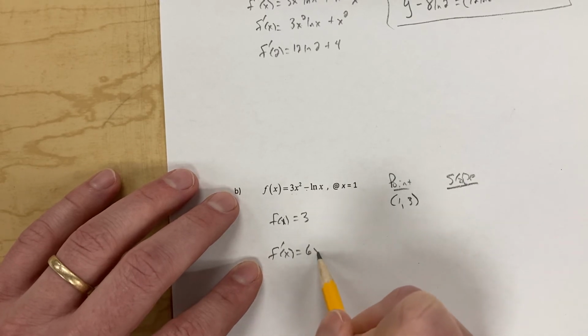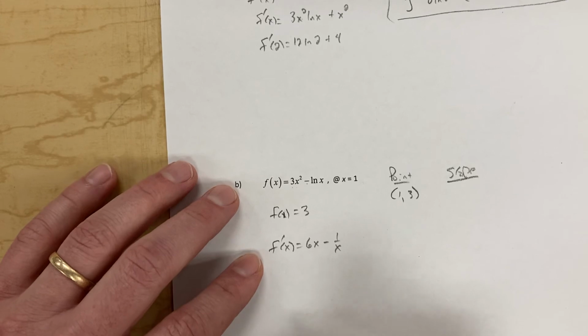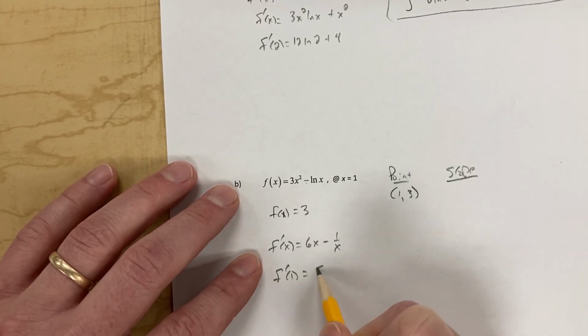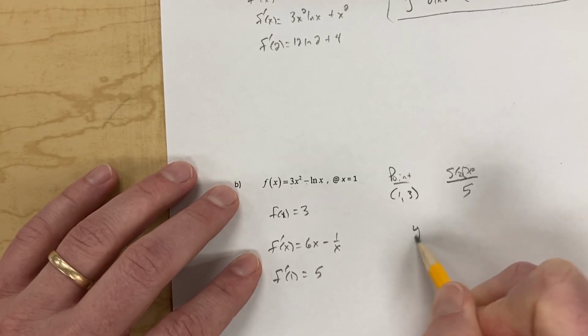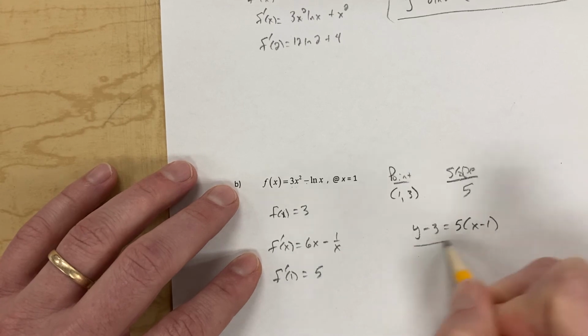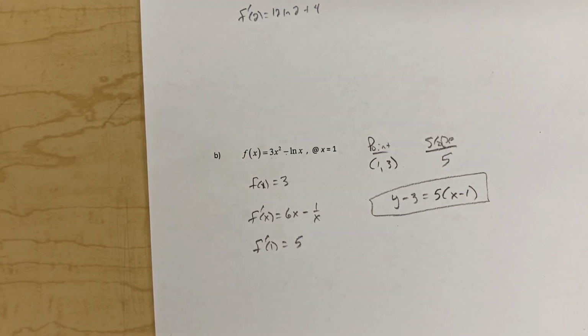So that's going to be 6x minus the derivative of natural log of x, which is 1 over x. If I put 1 into that, I get 6 minus 1, which is 5. So this one ends up being pretty easy. y minus 3 equals 5 times (x minus 1). So anytime we want a tangent line, we do the same thing for both of them. All right, so that's part 1. We'll do part 2 in just a second.